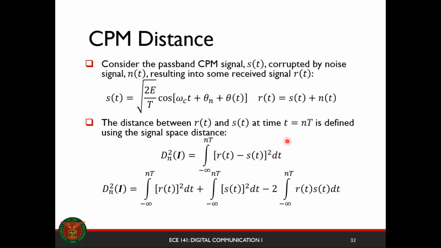So we won't be talking about breaking this into vectors. Let's just take them as raw signals and then take the distance defined in terms of integrals. So you have this expression right here. If you expand that, you have this total distance for your CPM signal.